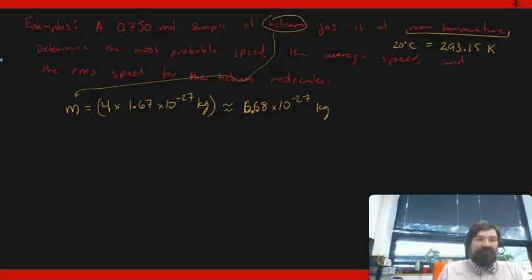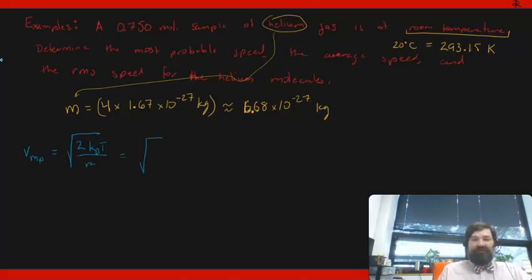So let's start with the most probable speed. V most probable is given by the square root of 2 times kB times T divided by mass.